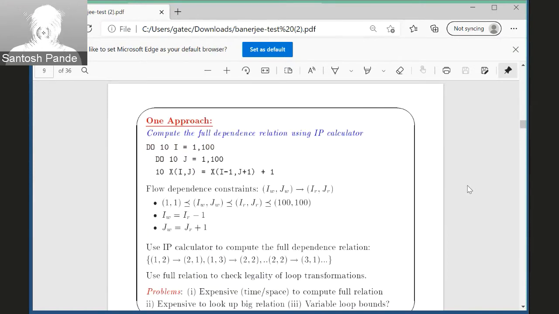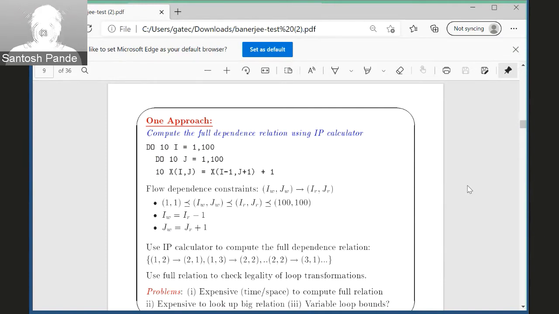This is what we call the IP calculator, integer programming calculator, kind of an approach, where it enumerates this and finds out if these two are equal. And it's a very expensive method.